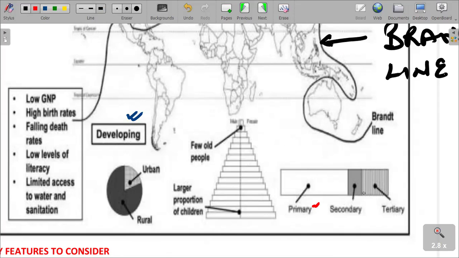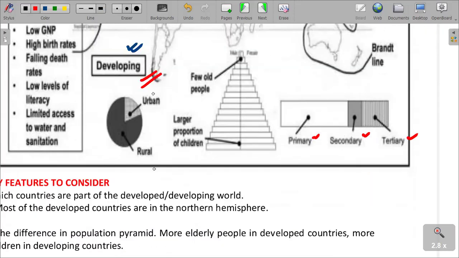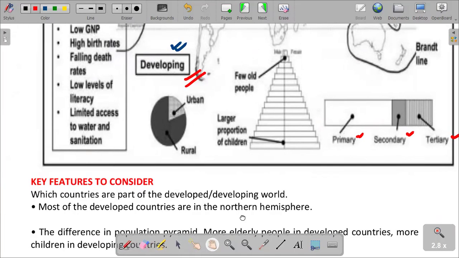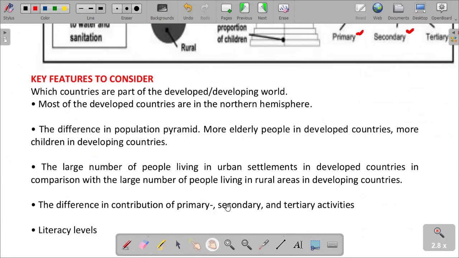We are saying it is the economic sectors' contribution, primary, secondary, and tertiary, for developing countries, which are in the south. We want us to understand and greatly appreciate how the North-South divide is making sense to us. So we would look at key features there.